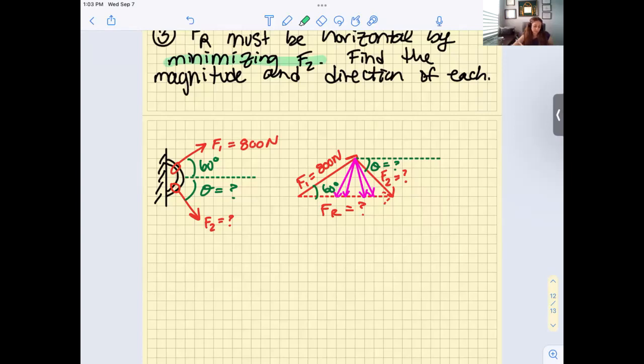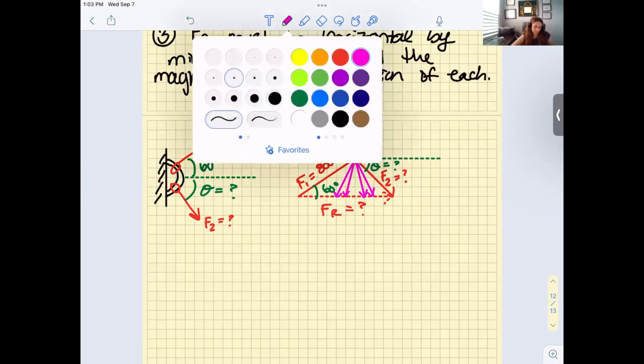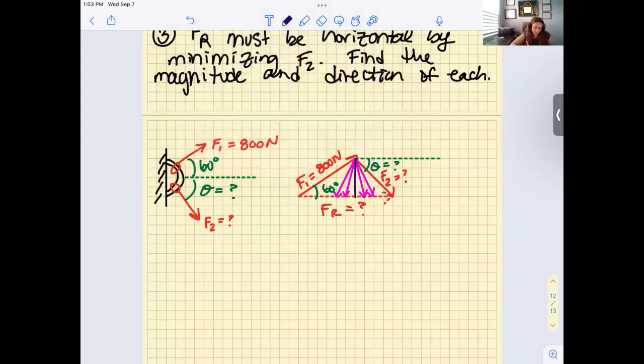So we wanted F2 to be the smallest it could be. So that is a hint that F2 is actually directly vertical, in order to minimize that length. Do you see how the vertical would actually be the shortest length it could be? So in reality, we actually have a right triangle.